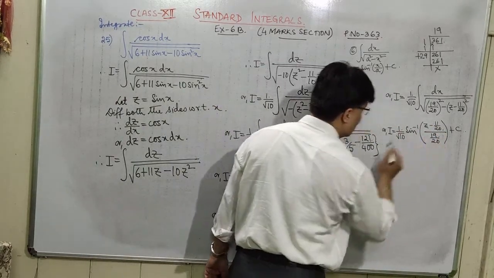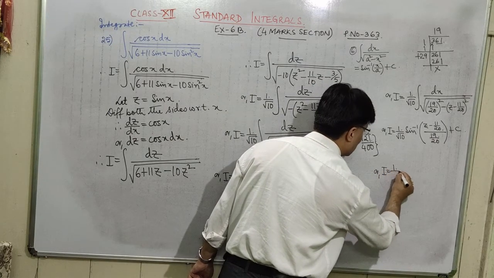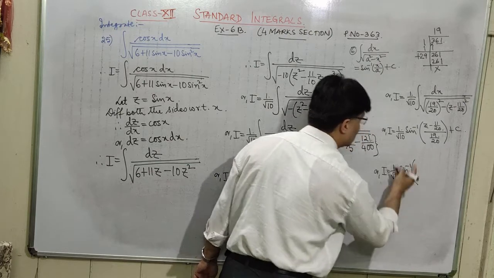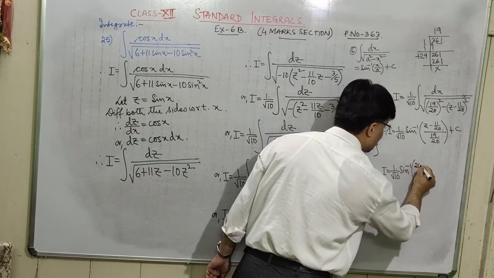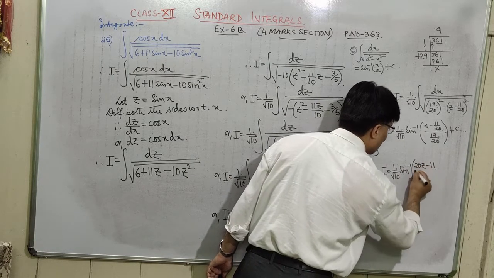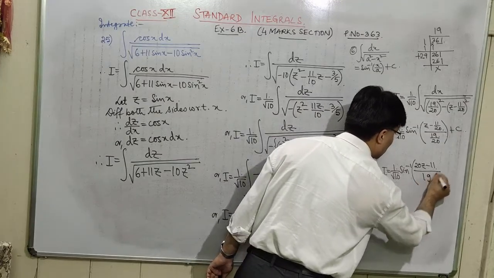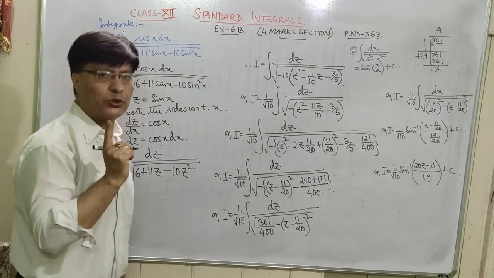And this 20 and this 20 will be cancelled. So what do we get? I is equal to 1 by root 10 sine inverse within bracket. What's the LCM in the numerator? That is 20. So it is 20z minus 11 divided by this 20 and this 20 will be cancelled. Whole divided by 19. So it is plus c.